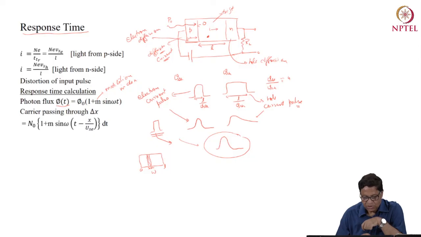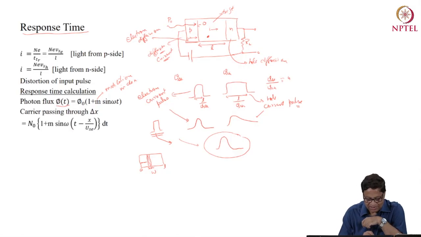this is given by N0, where N0 is the initial number of electron carriers generated, into 1 plus m sine omega t minus x divided by the saturation velocity of the electron. All electrons which are generated prior to this will contribute to the electrons passing through this thin slice delta x. So the electrons which are generated in this region will contribute to the number of electrons passing through this delta x.